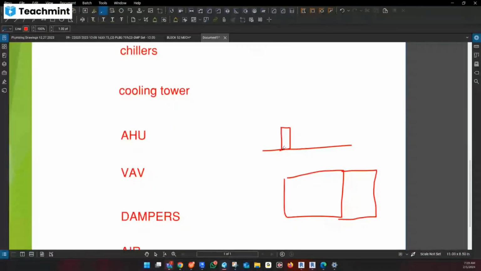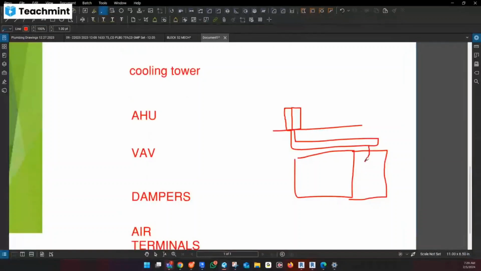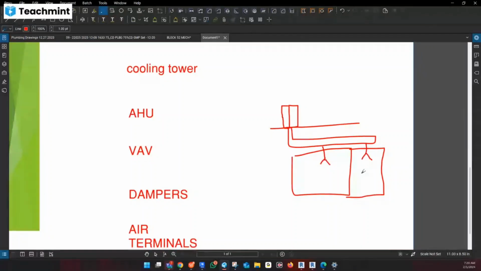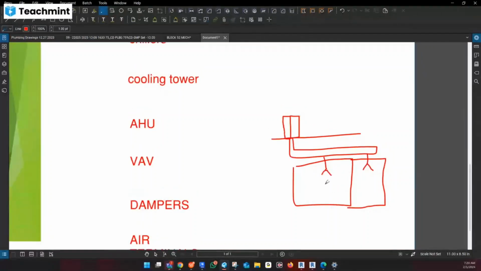The duct will come like this. What is this type of air? Is it supply, return, exhaust? So supply air. Supply air, right?